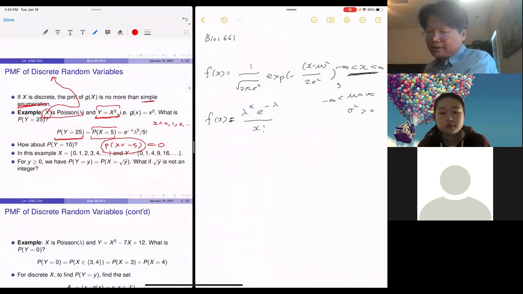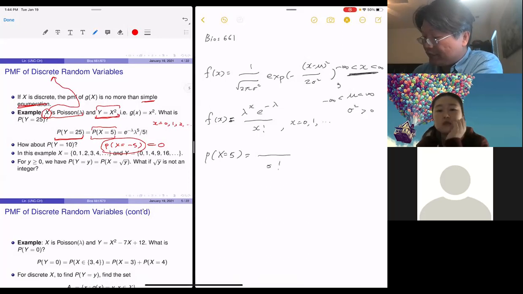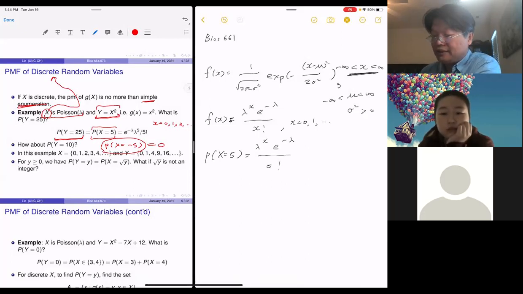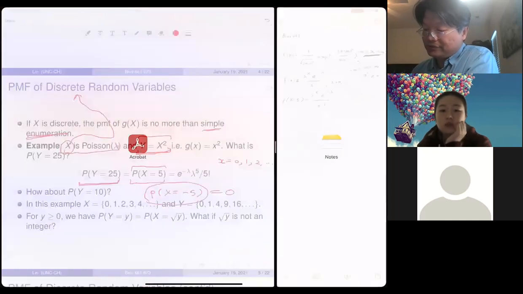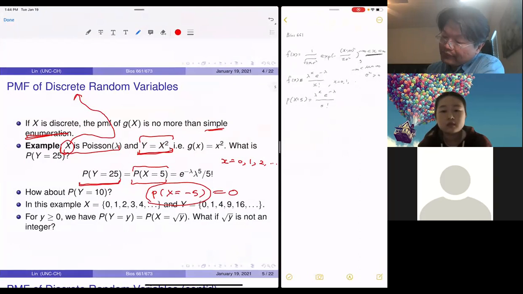Then the probability is nothing but plugging 5 in where X should be. That's it. You finish. You're actually deriving the distribution of Y equals 25.